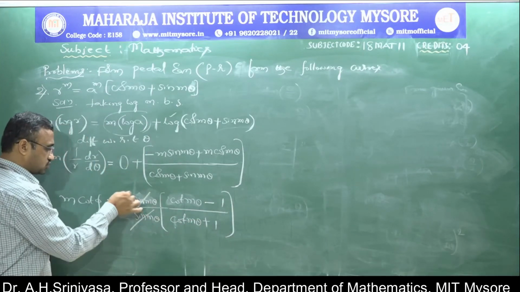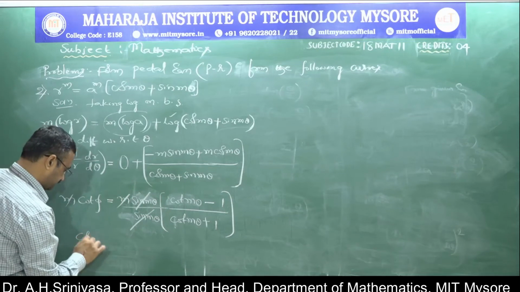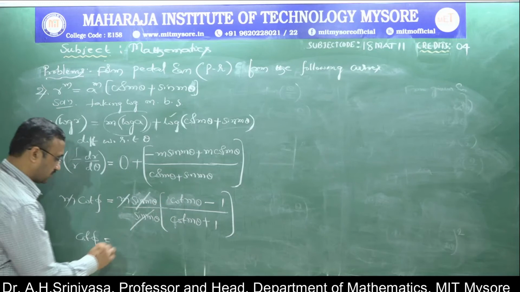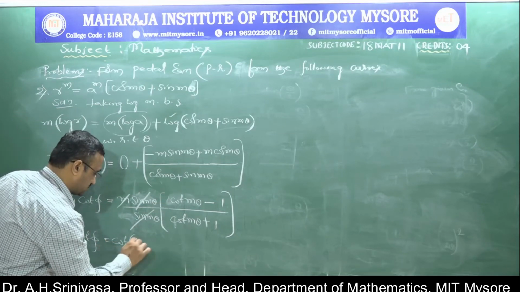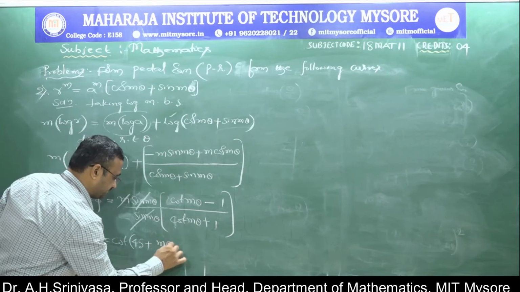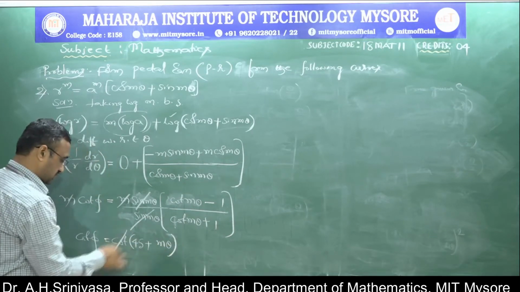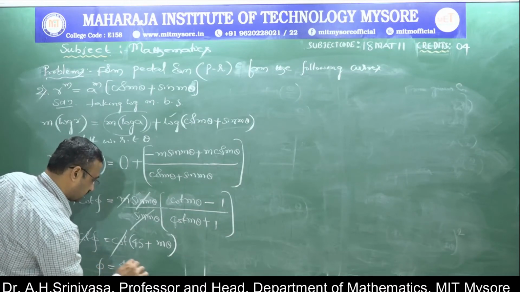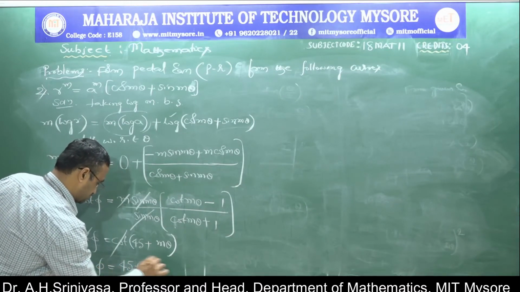Now cancellation of these two and these two, cot phi should be equal to, now use the formula in terms of cot, this is cot of 45 degree plus m theta. Now cancellation of this, we get the value of phi is 45 plus m theta.